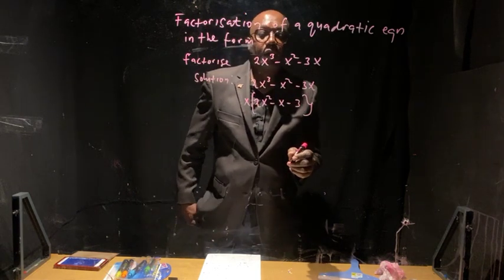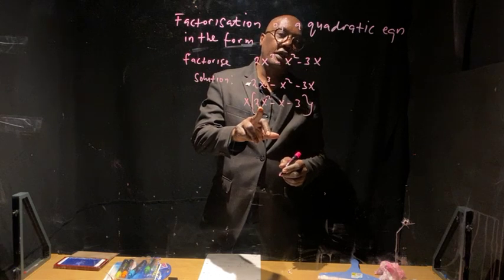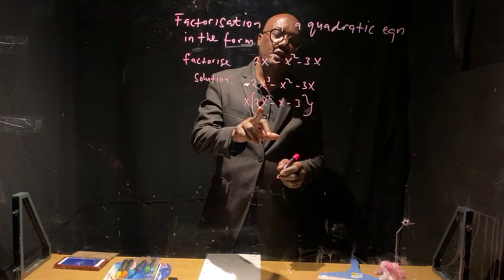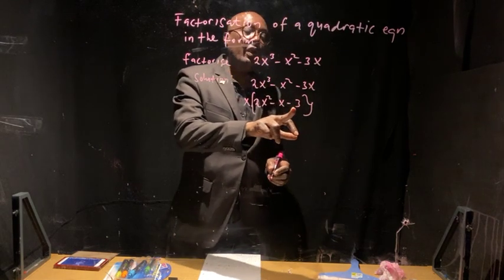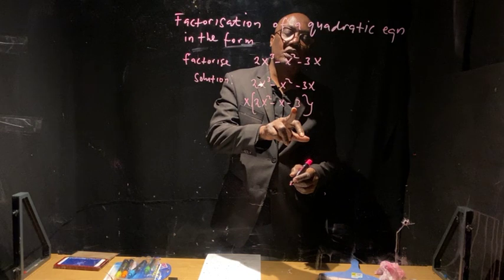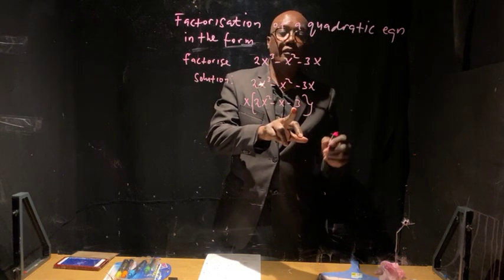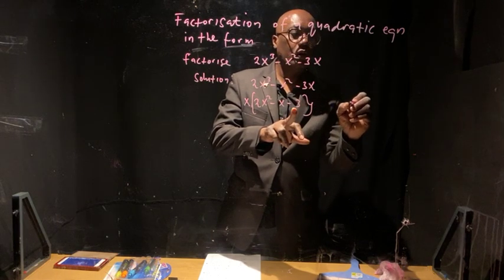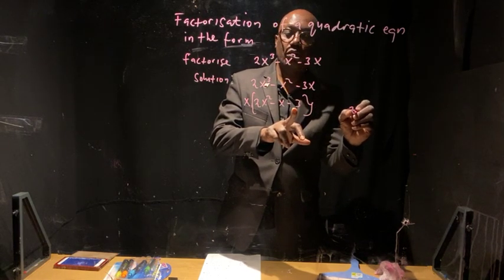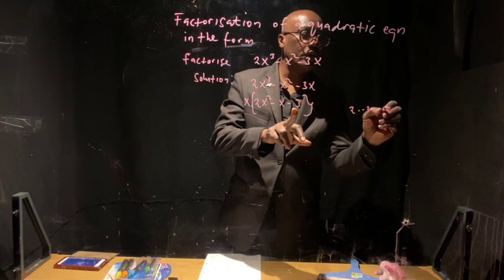As I've said, in dealing with such analysis, always multiply the coefficient of x squared by the constant. So if we multiply the coefficient of x squared by the constant, 2 times minus 3 is equal to minus 6.